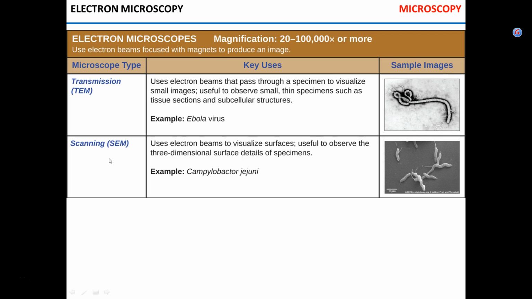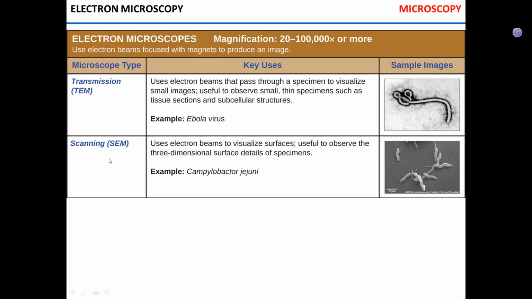Confocal, 3D image. Fluorescent, well, kind of self-explanatory. Cells fluoresce. Okay. Two-photon, deep slices, deep layers, thick samples. And transmission and scanning electron microscopy. What's the difference? Transmission looks inside, scanning scans outside.